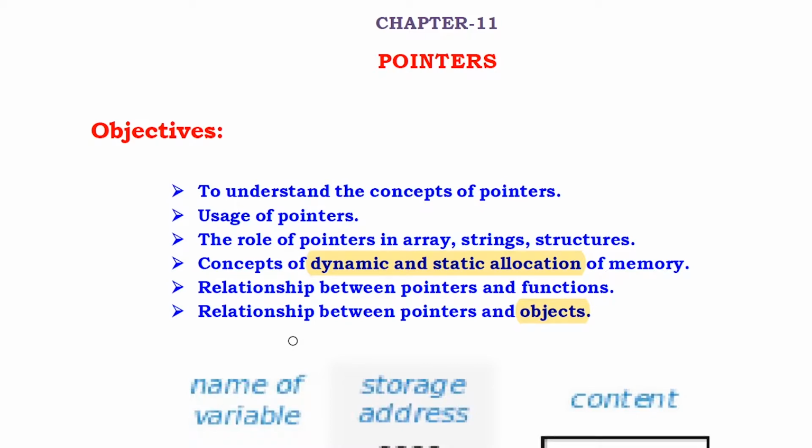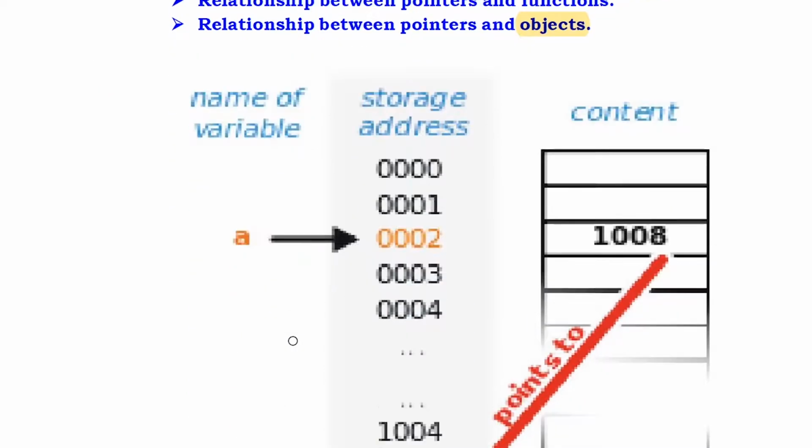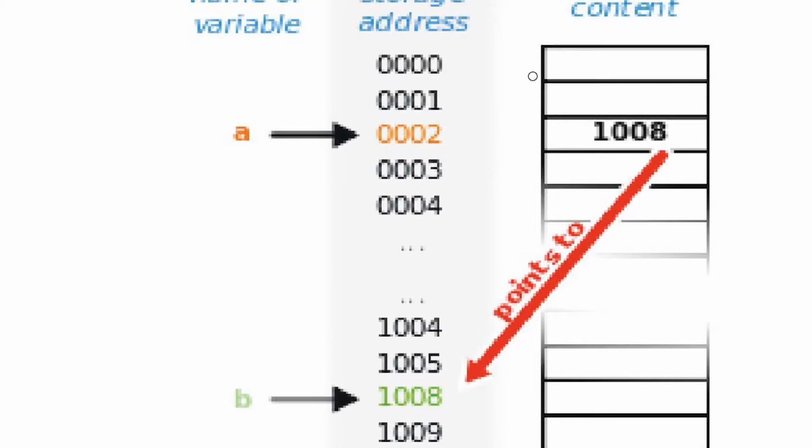Normally, when you look at this simple example, computer memory is sequential, continuous. Look at this memory location, which is blocked by the variable a, and that variable contains 1008, which is the address of the variable b, as you can make out.